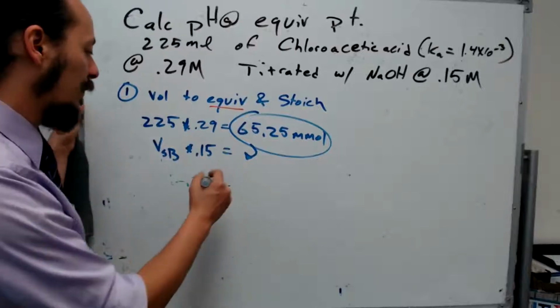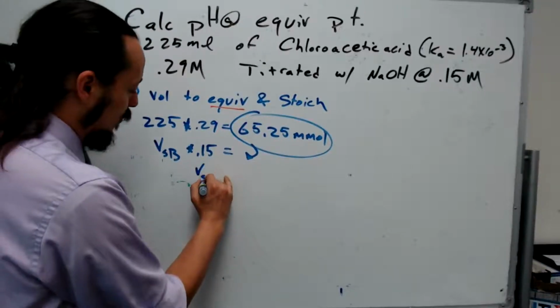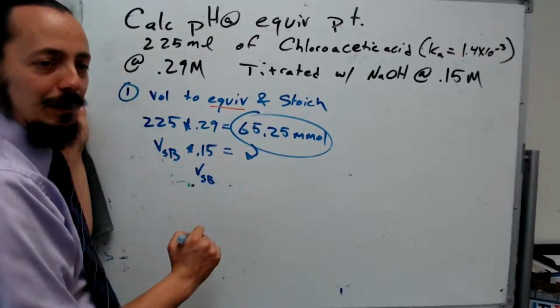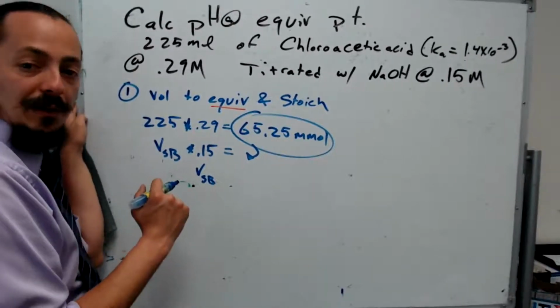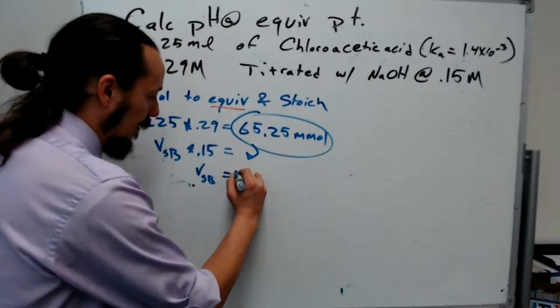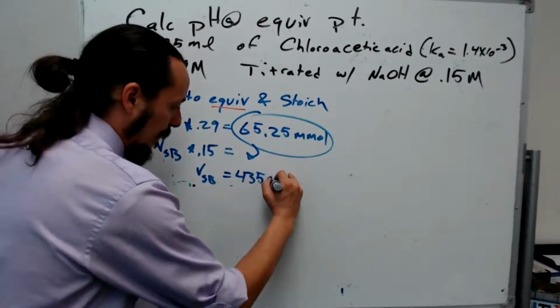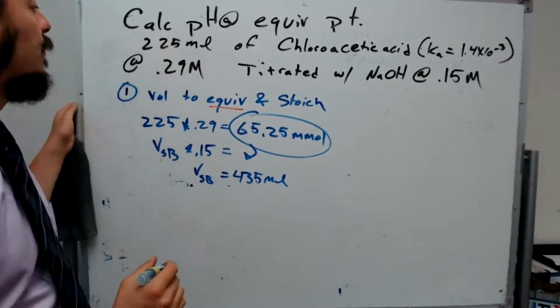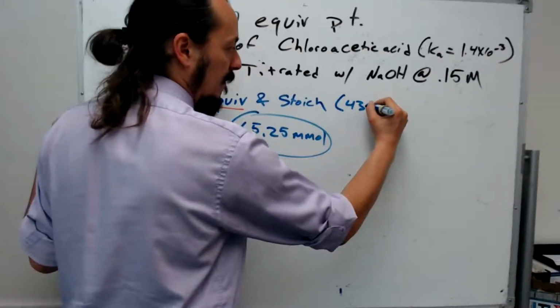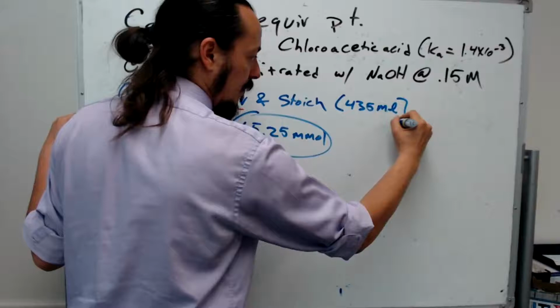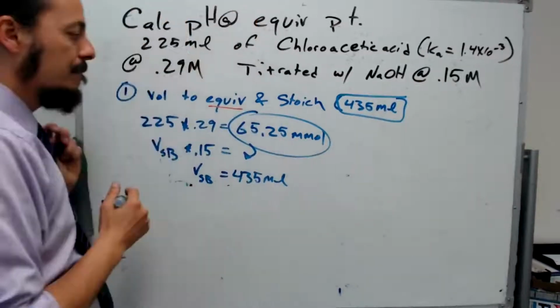So do me one more favor. I'm going to ask you to do me one more favor often, but 65.25 divided by 0.15. 435 milliliters. That is the volume to the equivalence point. Right?